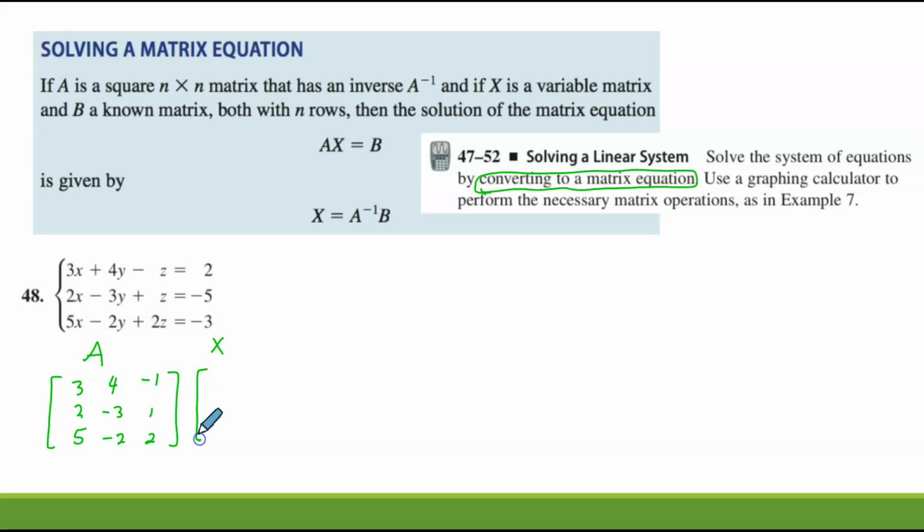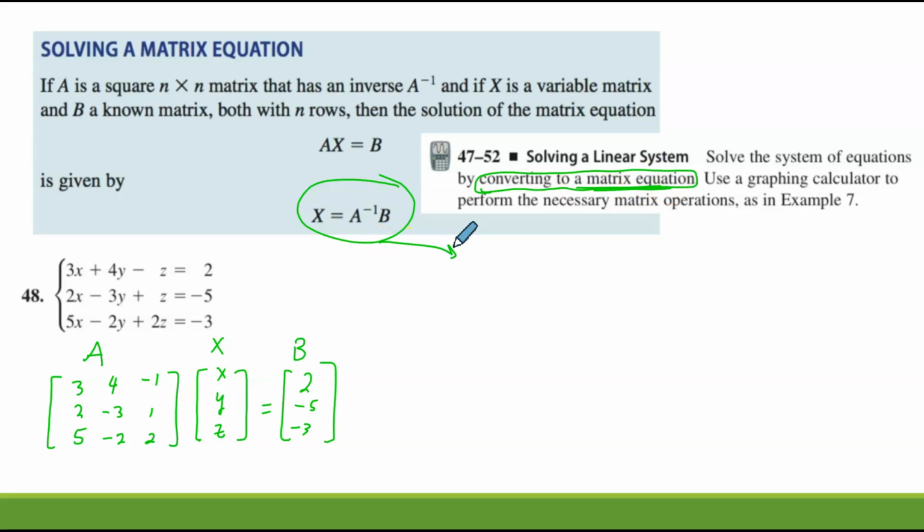Matrix X are our variables. We're solving for X, Y, and Z. Matrix B is those numbers on the other side of the equal sign, 2, negative 5, negative 3. And we want to use a matrix equation for solving. So we're going to use A inverse times B. Matrix X is equal to A inverse times B.